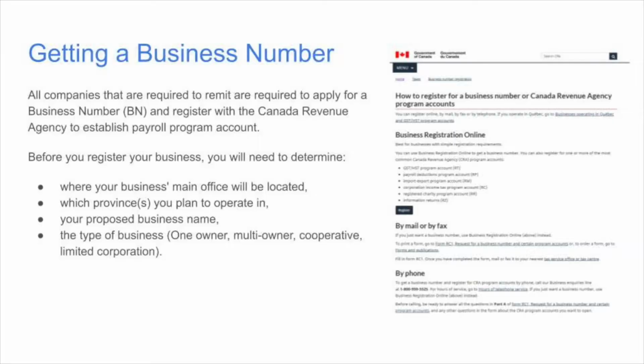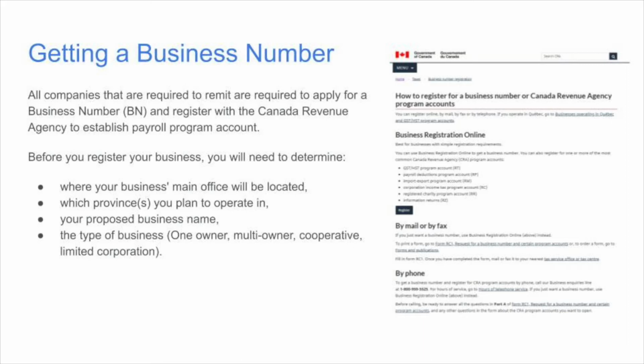So the first thing you need to do as a potential employer or as an employer is to make contact with the Canada Revenue Agency, or CRA. If you go to their webpage, and they have a very good webpage, you can register with them, and they in turn will send you what's called a business number.